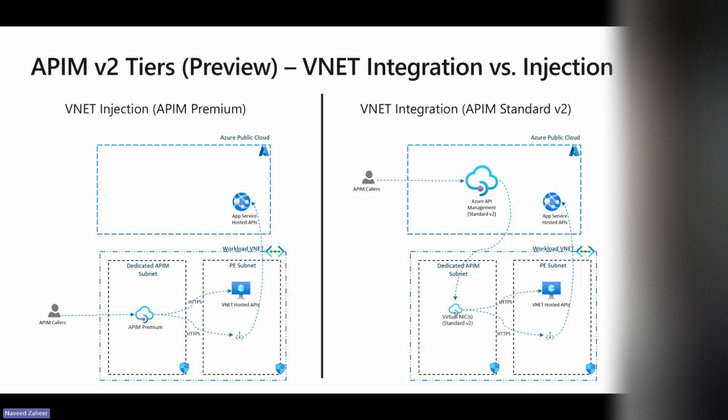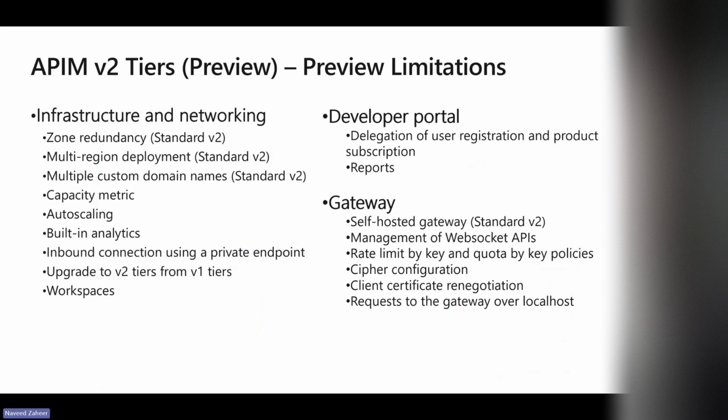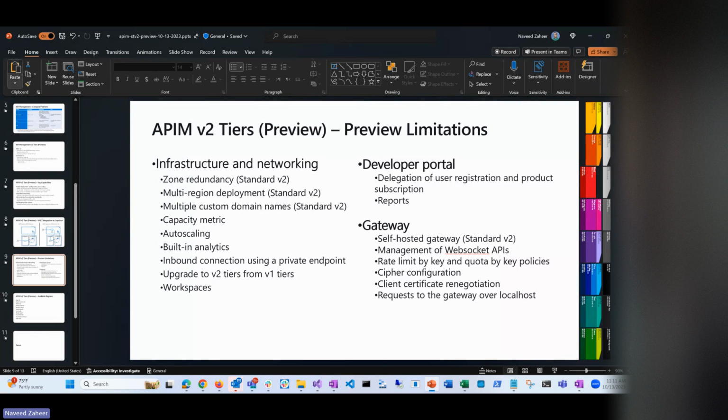There are some limitations currently in the preview, and as the preview matures, they will go away. I don't want to read the slides, please take a look at them. Let me go into the demo, and then we will come back to the slides.